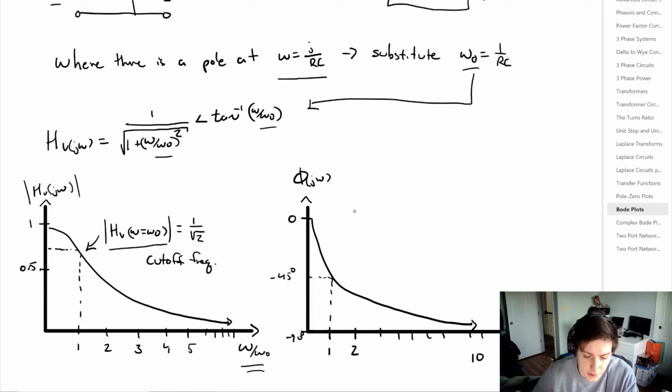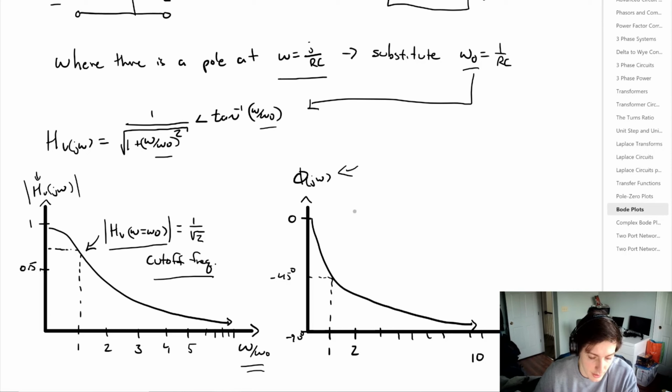Now we're not so concerned with the phase per se. There are applications where we are, but what we are going to primarily care about is this magnitude. From this H_V function, or this transfer function, we're going to define something as the cutoff frequency, and that's going to be when the magnitude is equal to 1 divided by the square root of 2.